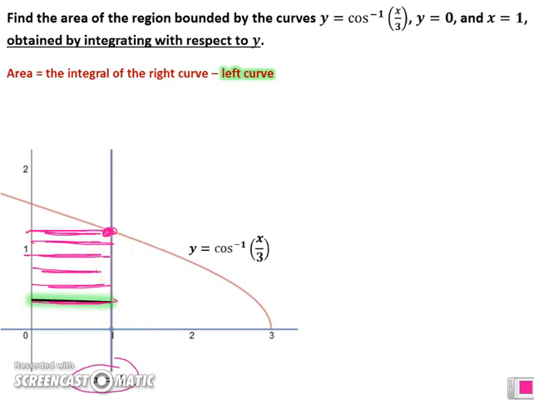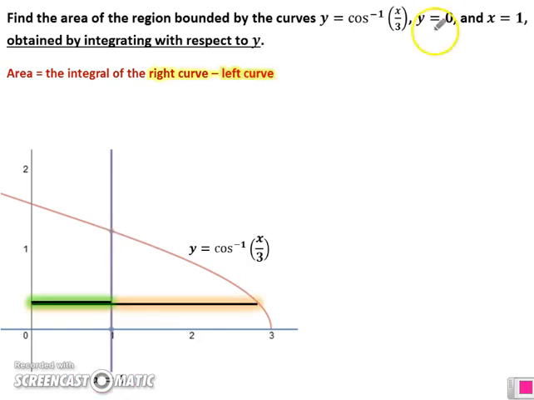So when we want to do the area of the right curve minus the left curve, we find the area of the right curve, which is this whole distance, and then we subtract it from the area of the left curve, which is this green piece. And if you take that orange piece minus the green piece, you're going to be left with just this area here. And if you imagine an infinite number of those situations creating this, you'll end up with just this area here.